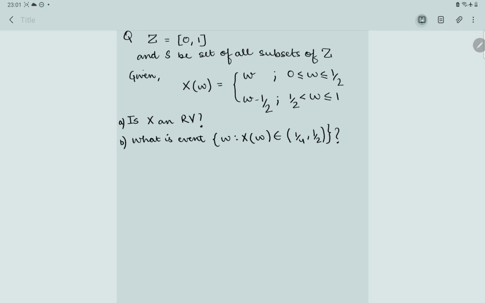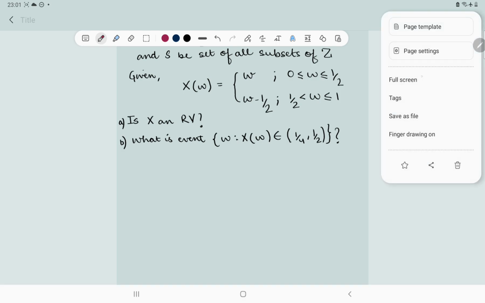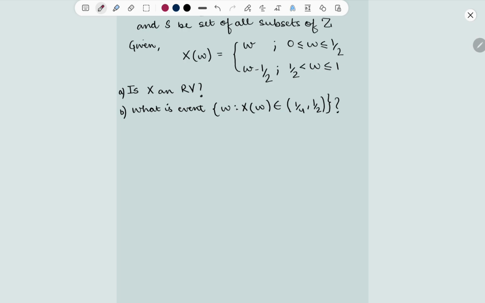So let S be the set of all subsets of Z. So given that x(omega) is equal to omega for omega between 0 to 1 by 2, and omega minus 1 by 2 for omega from 1 by 2 to 1.